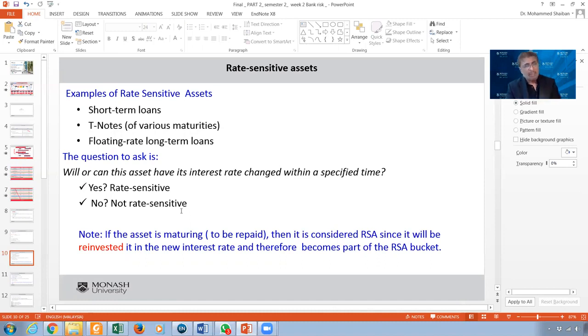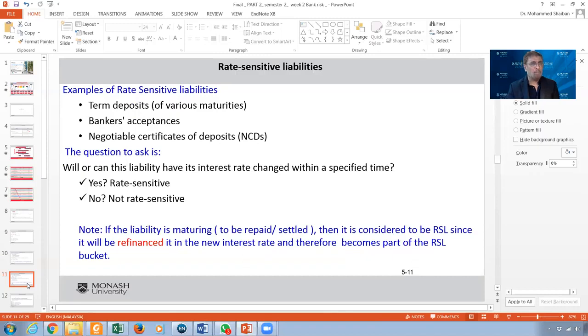When it ends, we will have a new one with a new rate. So something to add: if the asset is maturing to be repaid, then it's considered a risk-sensitive asset since it will be reinvested at the new interest rates and therefore becomes part of the risk-sensitive asset bucket.